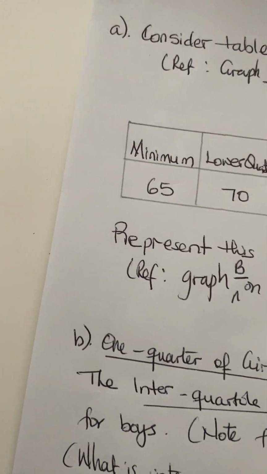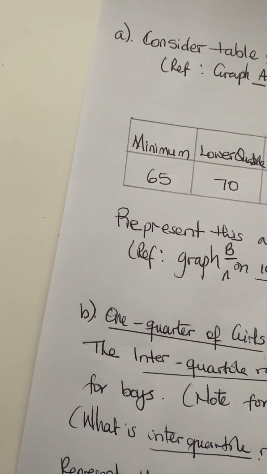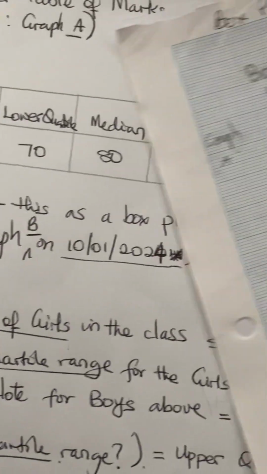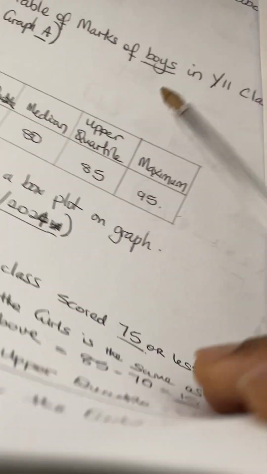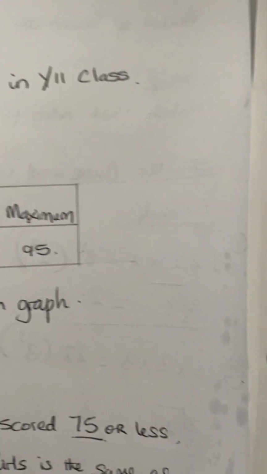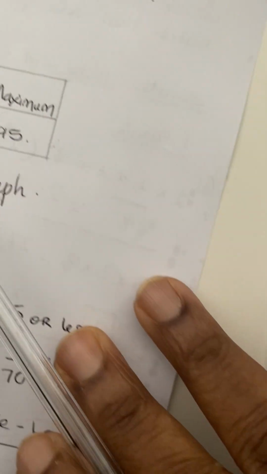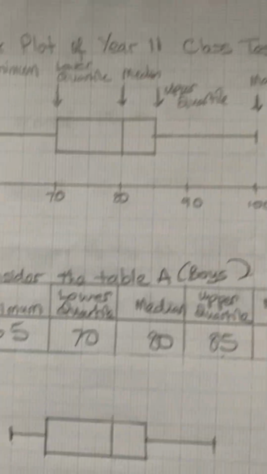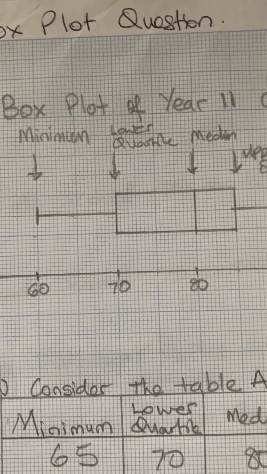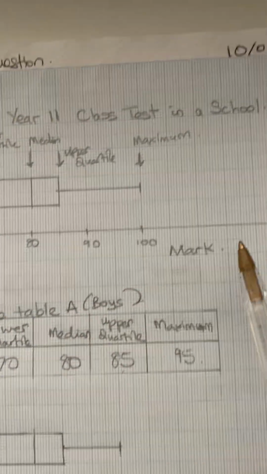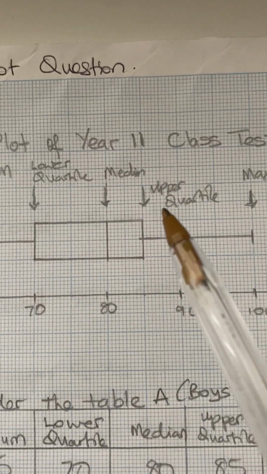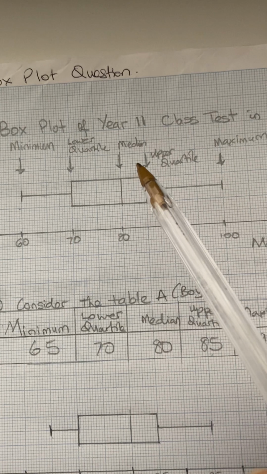But before then, they gave you a graph, a box plot. The question came with a box plot. So even if you've not done it, you can look at what they've done. So this is the question. So they've given you a box plot. Okay, here, I'll show you.